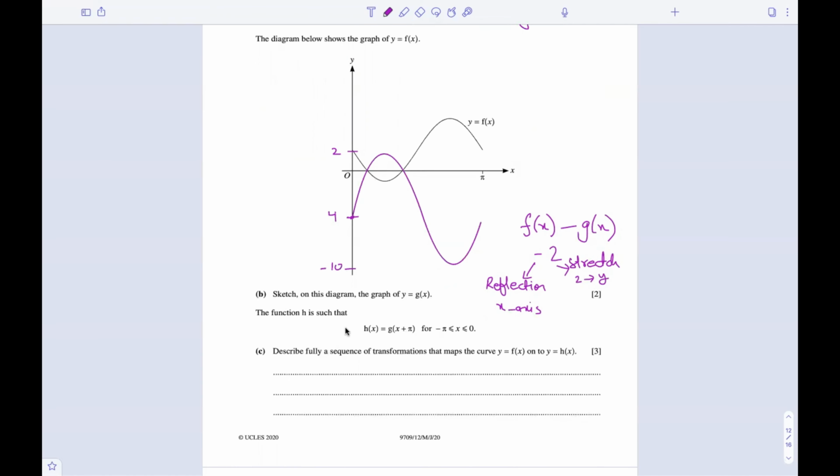So we know from f to g, first we had a reflection in the x-axis, and then we had a stretch of factor 2 in the y direction.